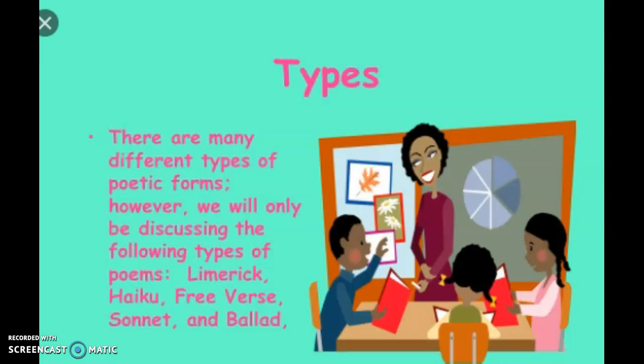But we are going to be looking at limericks, which are really funny, haikus, which are short, the free verse, sonnet, and ballads, narrative poetry, odes, as well as diamante poems, okay? Alright, so let's have a deeper look into what these poems actually are and what they look like.